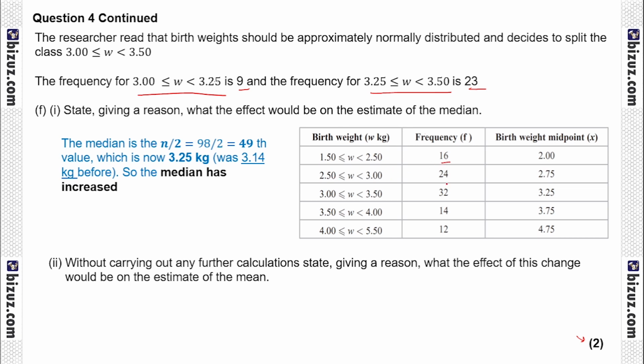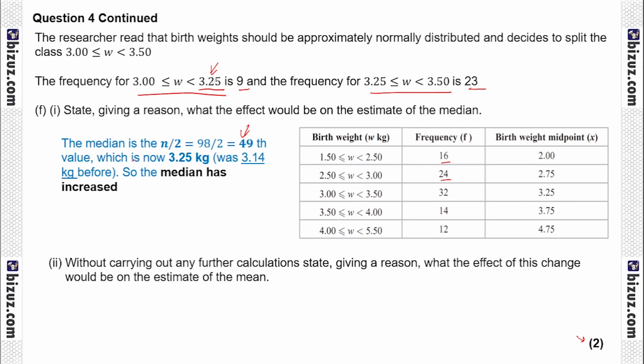From 2.5 to 3, 24, so 16 plus 24 is 40 so far. It's not this whole class anymore with a frequency of 32. Then we have this class from 3 to 3.25, which has a frequency of 9. So 40 plus 9 is 49. The 49th value is exactly at the end of this class, so it's exactly 3.25.